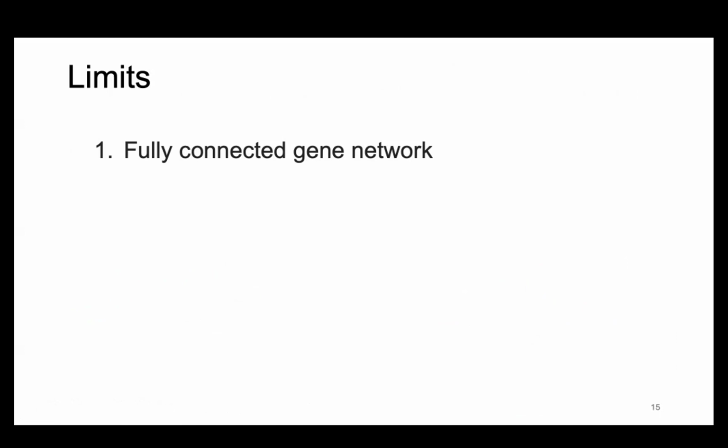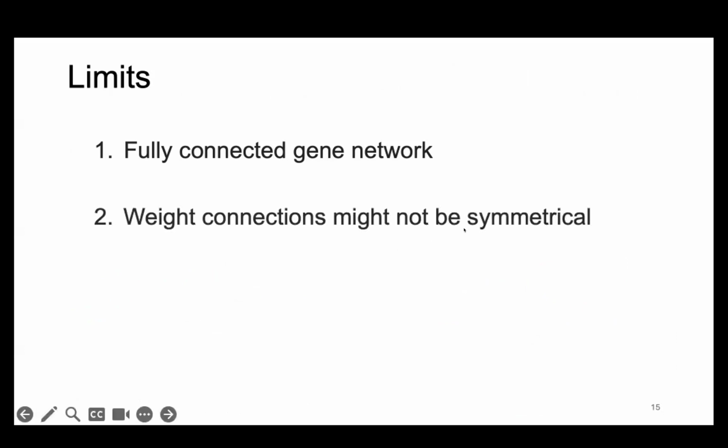Finally, I want to come with some limits and also some ideas to further expand this work. So one is that the Hopfield network is fully connected. So each neuron is connected to each other, meaning that each transcription factor has to activate other ones and also be activated. So it's not very obvious how to do this.